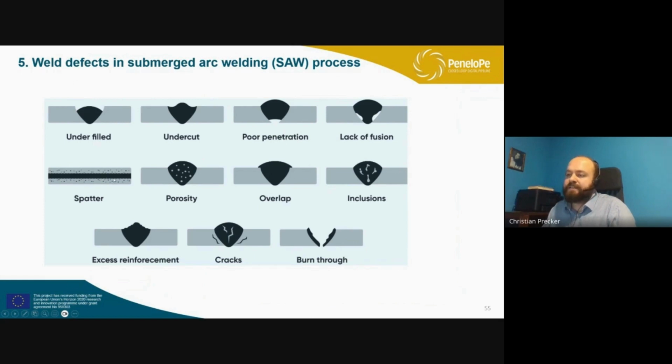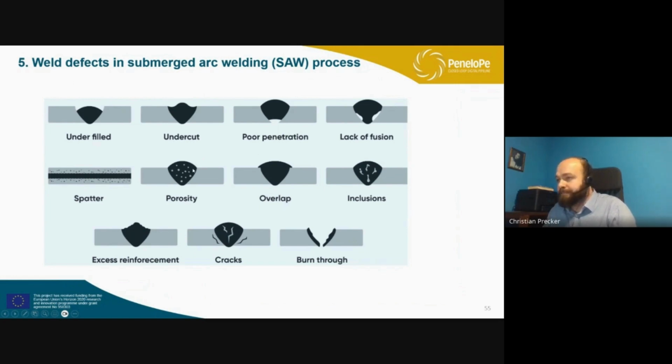Then spatter. This is when you perform the weld, moving in this direction, and then you have residuals or rests of the weld that were sparkling and jumping around, doing this kind of thing. So a lot of small drops here, okay, that you cannot easily remove.